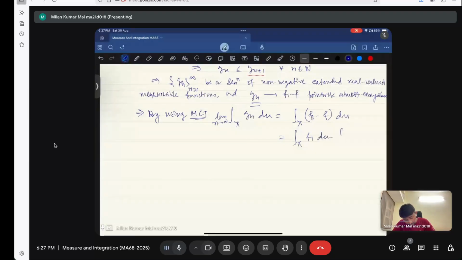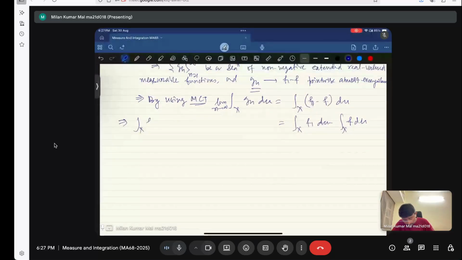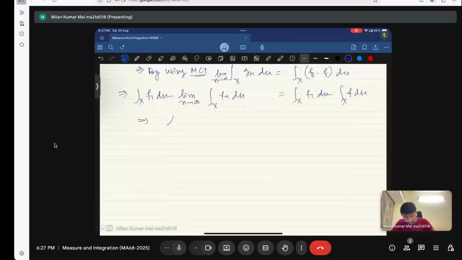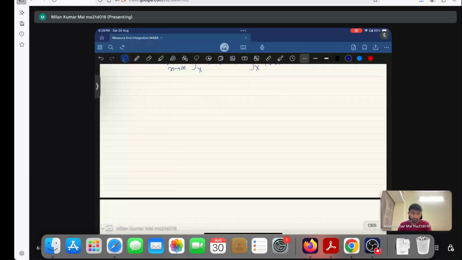The left hand side changes to the integral of f1 d mu minus limit n tends to infinity of the integral of fn d mu. So this gives that limit n tends to infinity of the integral of fn d mu is equal to the integral of f d mu. So this completes the proof. Both using the dominated convergence theorem and the monotone convergence theorem, we can prove this particular problem. Okay.